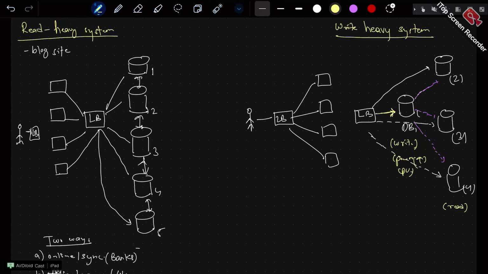Payment processors take a lock for a longer time. For example, when you are making a very small update, you make a lock only for a few milliseconds. So in those cases we can afford to have the read and write on the same database. Okay, so in such cases, this write database itself is called the master.